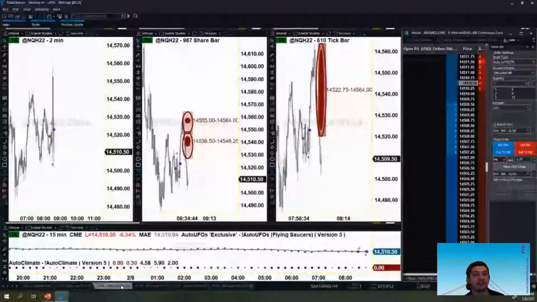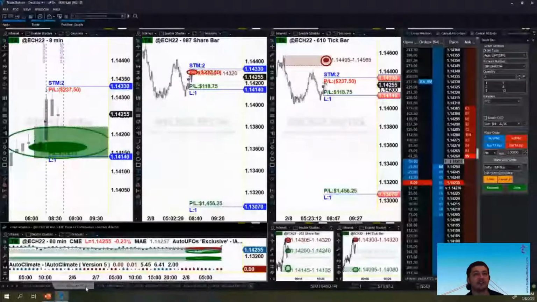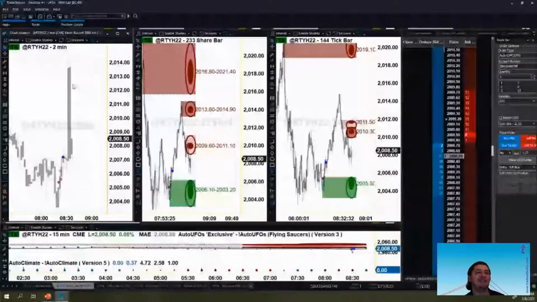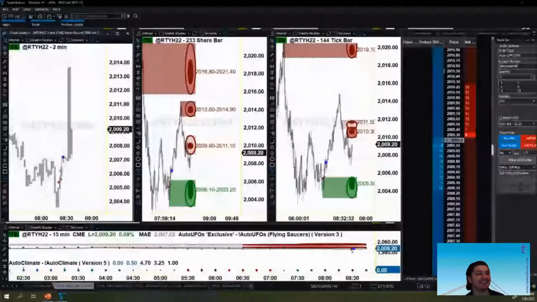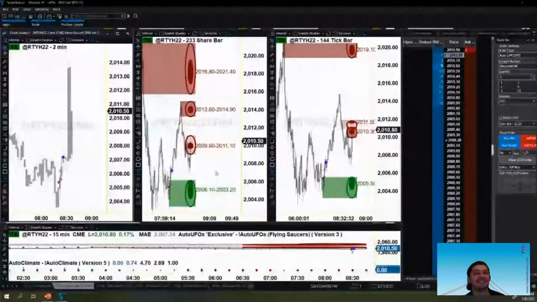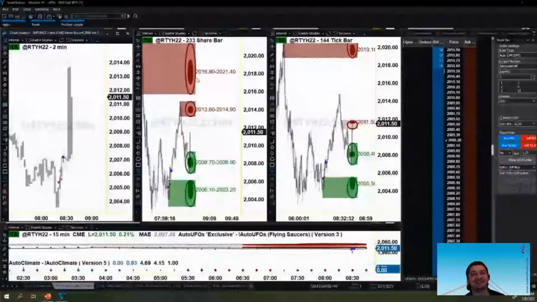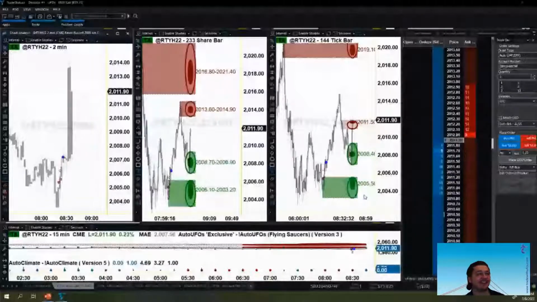Man, oh man, isn't that so fun? You see stuff like this and you can't help but smile. It's just kind of crazy, only to see it go right back up. Yeah, it's cool.